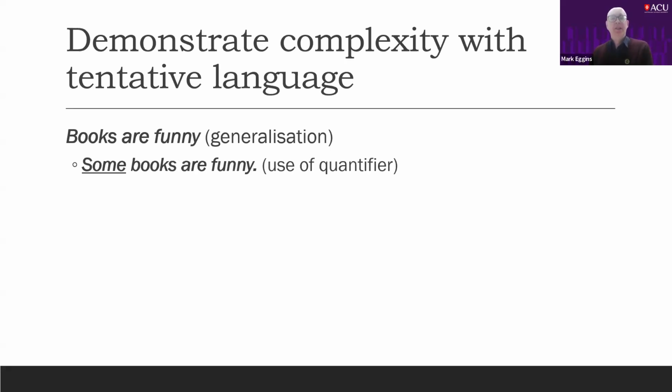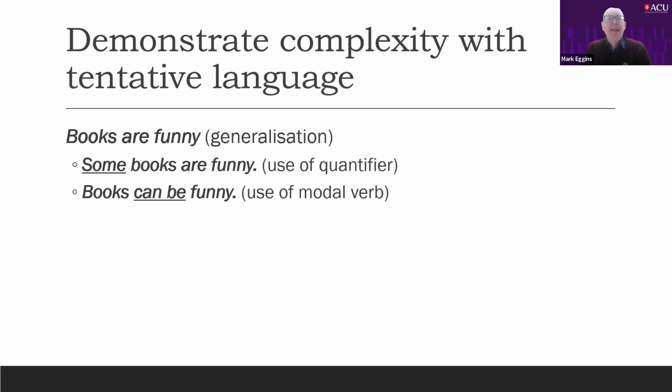One strategy is you can use a quantifier, words like some, a few, many: "Some books are funny." Or you can use what's called a modal verb, words like can, might, may. So there's a possibility that books can be funny, but it's not 100% certain.